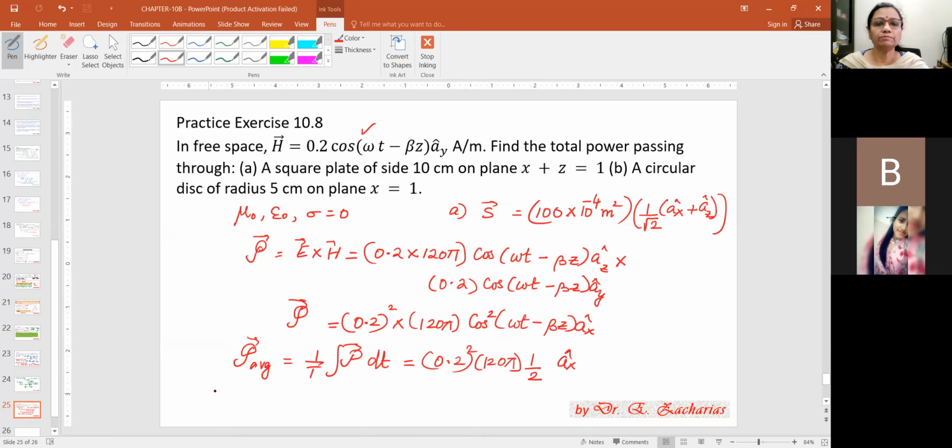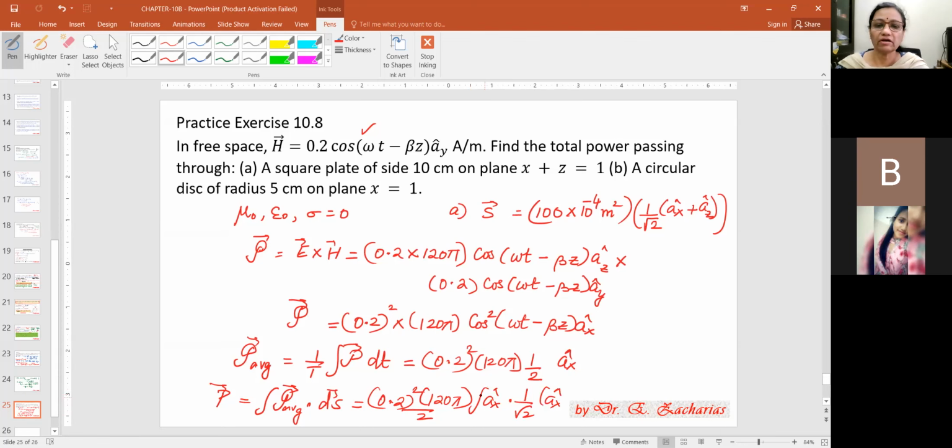Next, you want your total average power. The total average power is going to be integral P average dot dS. So it is going to be 0.2 whole square times 120 pi by 2, then a_x cap dot dS, which is 1 by root 2 times a_x cap plus a_z cap.